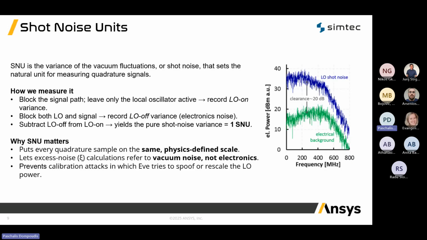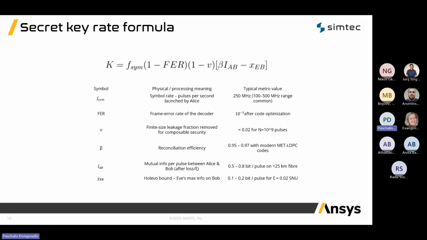They could hide extra noise in plain sight, meaning that they could trick us into believing that our exchange is secure when it is not. So we have to make sure that this calibration goes well.